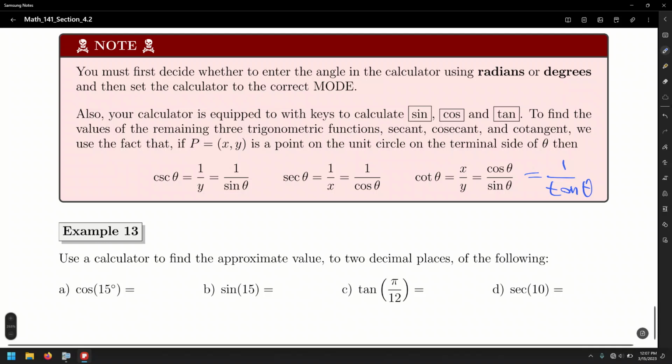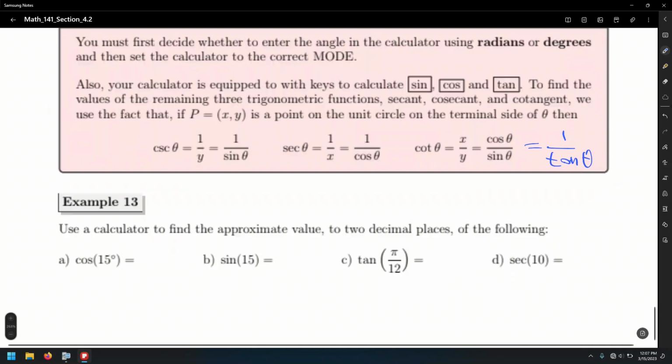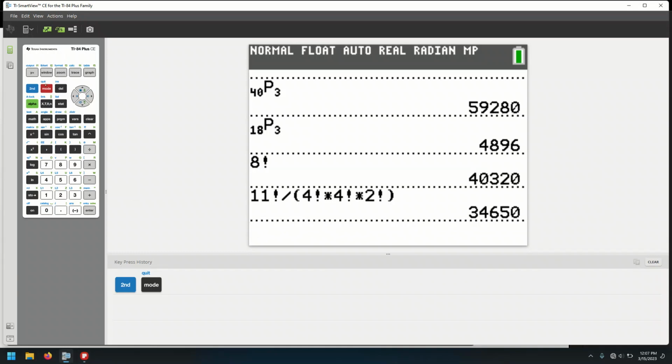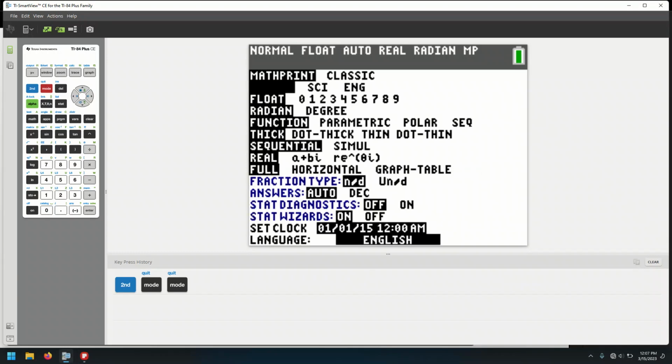The other one is that we need to make sure that we are using the graphing calculator in the correct mode. Keep in mind that this angle, 15 degrees, is in degree mode. All we do is go to the graphing calculator, click on mode, and make sure you're highlighting the degree mode.